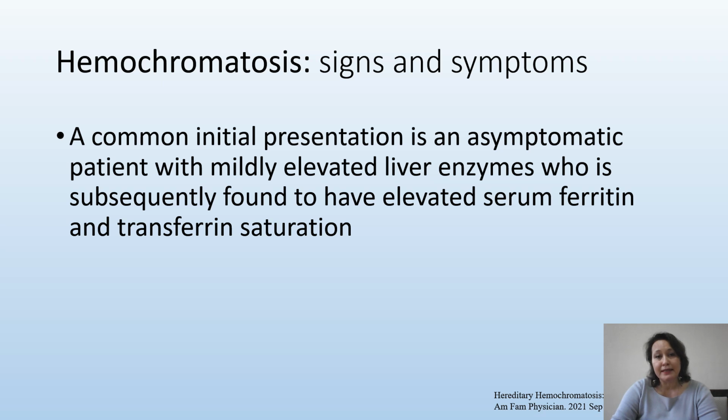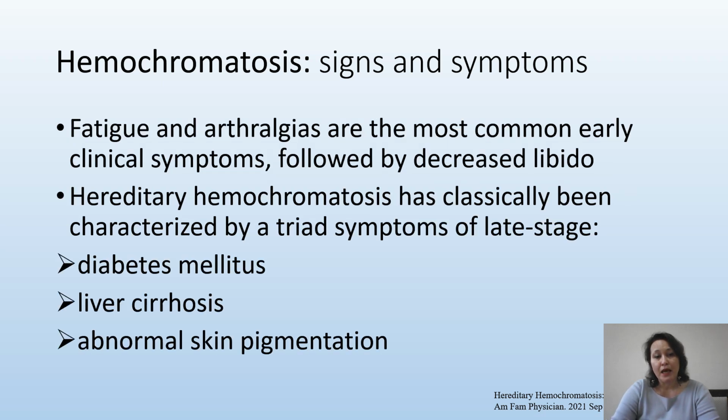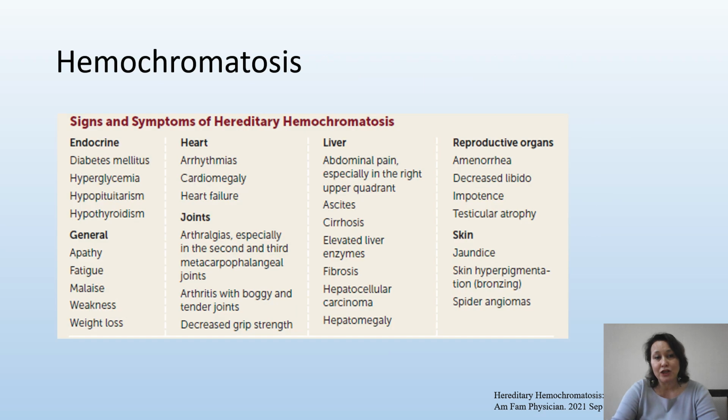I told that the stages of hemochromatosis can be first asymptomatic, after that we can see elevated liver enzymes and elevated level of serum ferritin and transferrin saturation. From clinics, this disease is polysymptomatic and many organs can be damaged. Patients can have fatigue, arthralgias, decreased libido. There can be very common symptoms like diabetes, liver cirrhosis, and abnormal skin pigmentation.